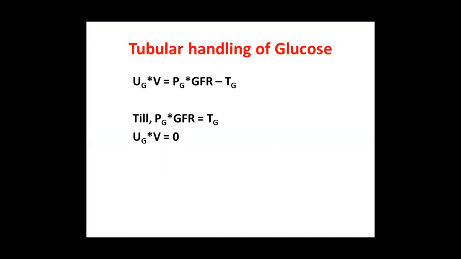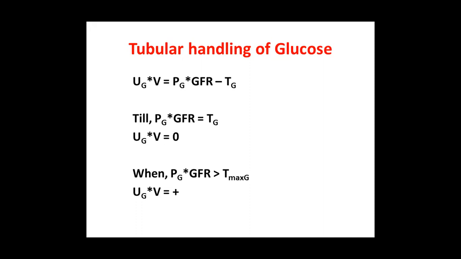Till PG times GFR is equal to TG, as long as the filtered load of glucose is equal to the transport, or reabsorption, of glucose, whatever amount of glucose is filtered is reabsorbed in totality. Till then, UGV of glucose is 0, or the urinary load of glucose is 0.